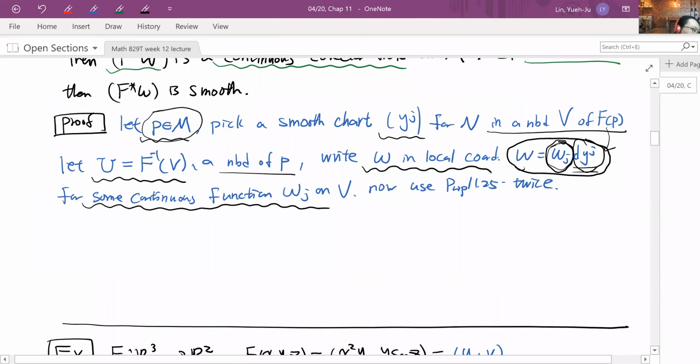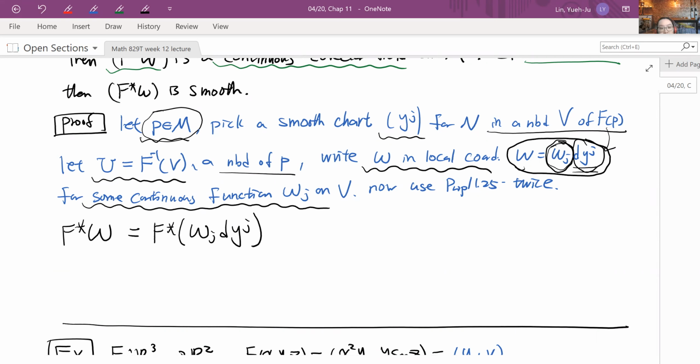So now I want to pull back W. In terms of local coordinates, in each coordinate chart, I'm going to pull back things like this. Here I omit the summation notation; keep in mind I'm using the Einstein summation, so I add up over the index. Now this is where we use 11.25 just now. You pull back a covector that looks like some real-valued function times another covector.